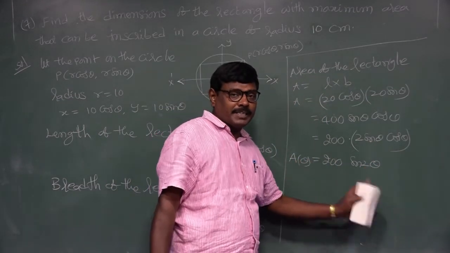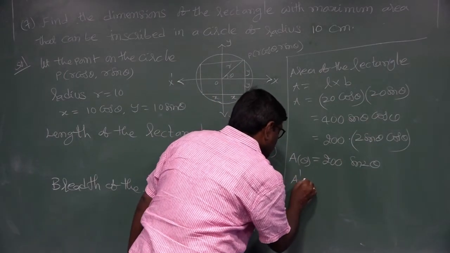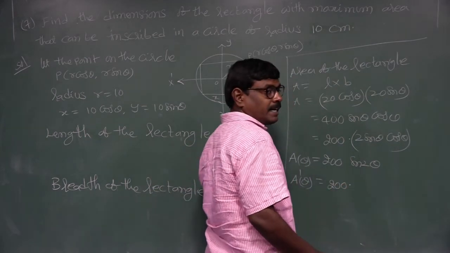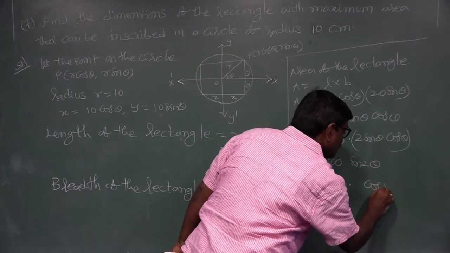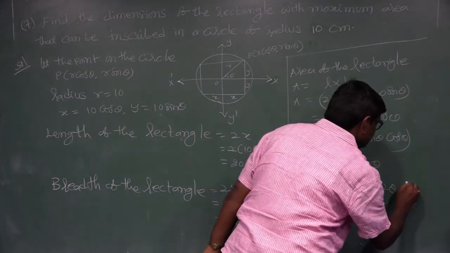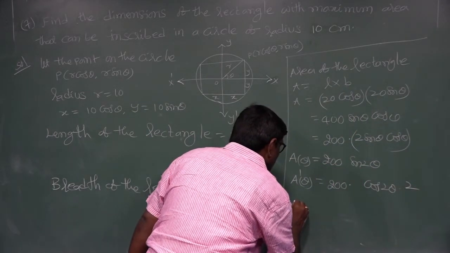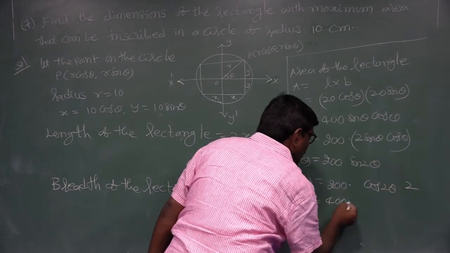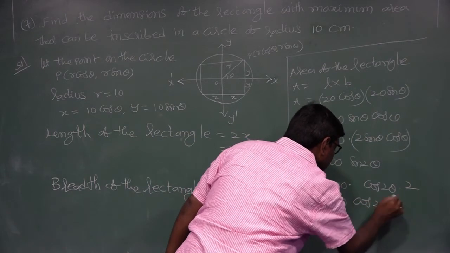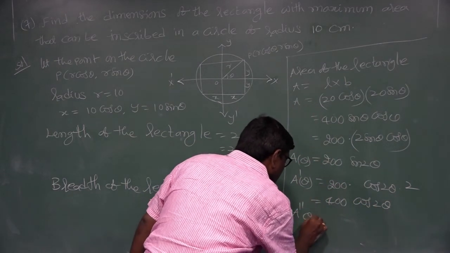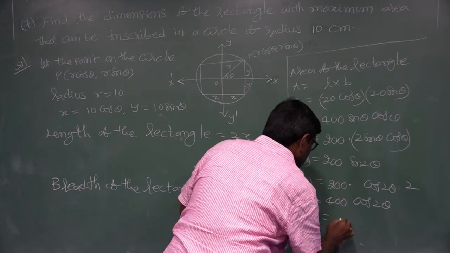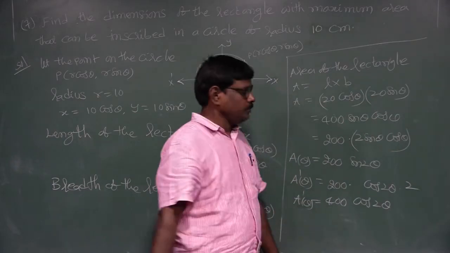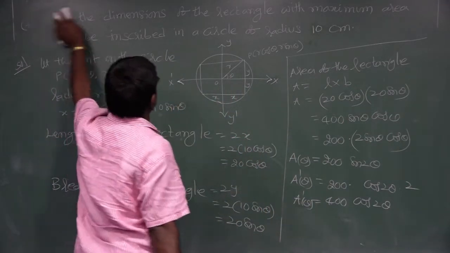Differentiate with respect to theta. A dash theta equal to 200 into derivative of sin is cos 2 theta, and inner derivative 2, equal to 400 cos 2 theta. A double dash theta equal to derivative of A dash theta.